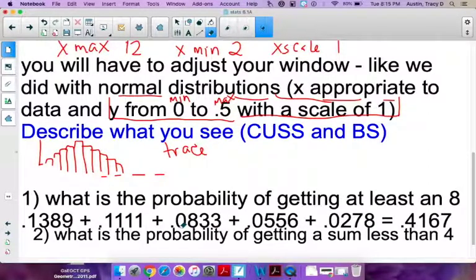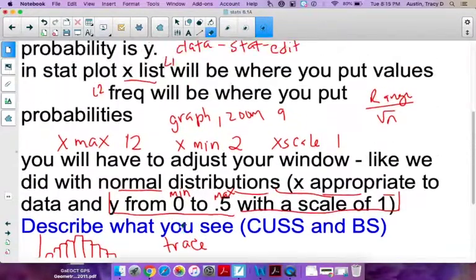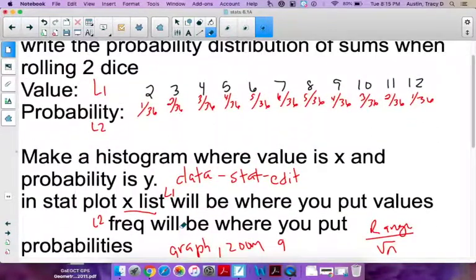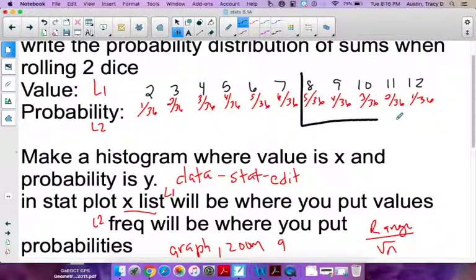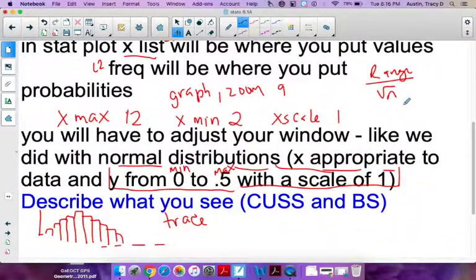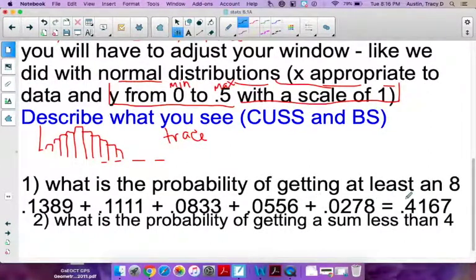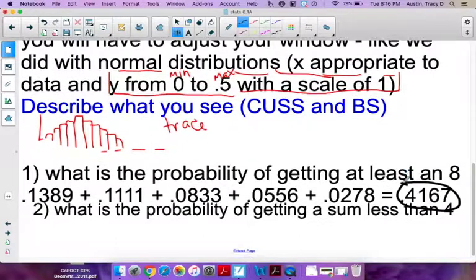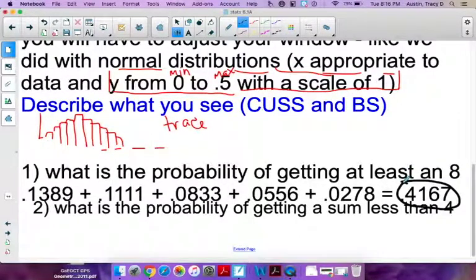At least an 8 would be an 8 or more, so that would be from here up. You can just add that up, and that's 9, 12, 13, 14, 15 out of 36, which should be close to your decimal if you do 15 out of 36. We can do any kinds of probability from a table.